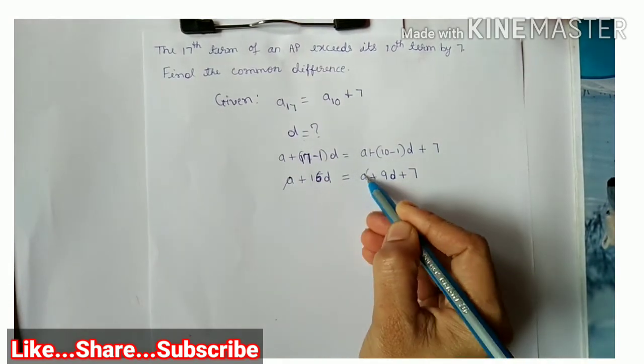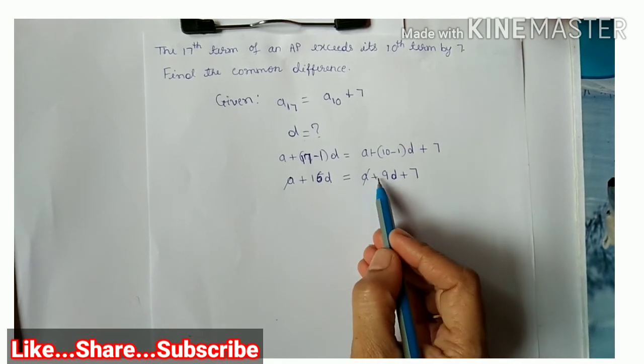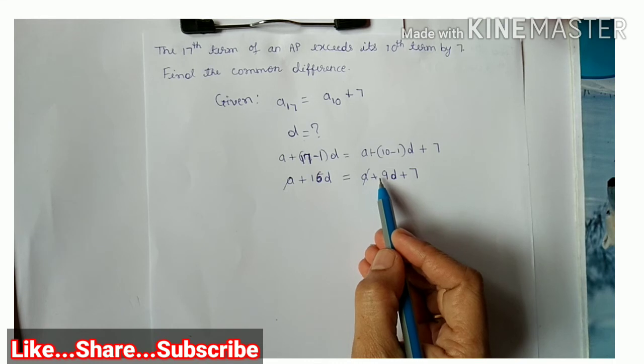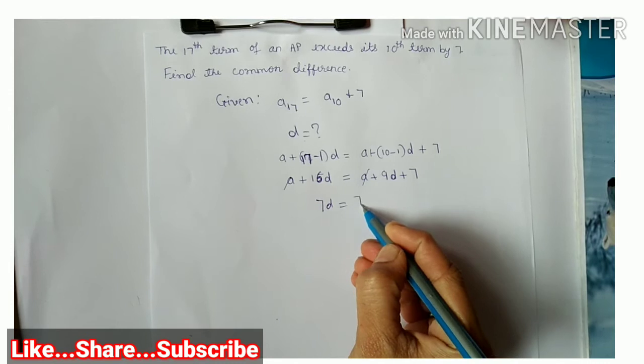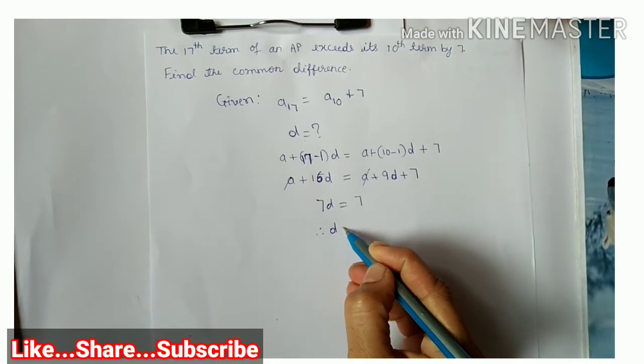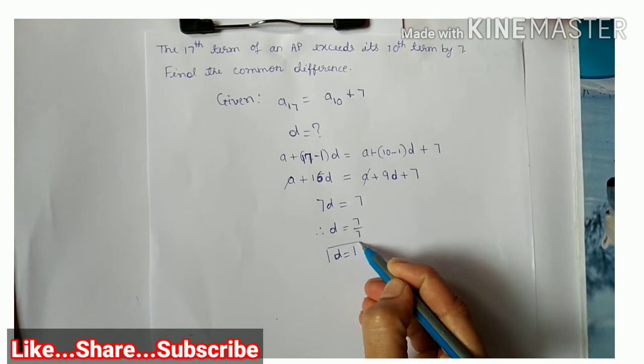Here a cancels. 16d minus 9d gives 7d is equal to 7. Therefore the common difference d is 7 by 7, d is equal to 1. The common difference is 1.